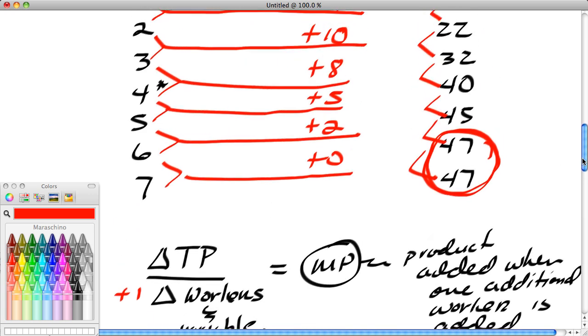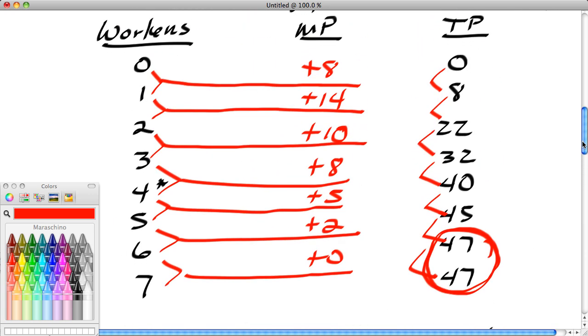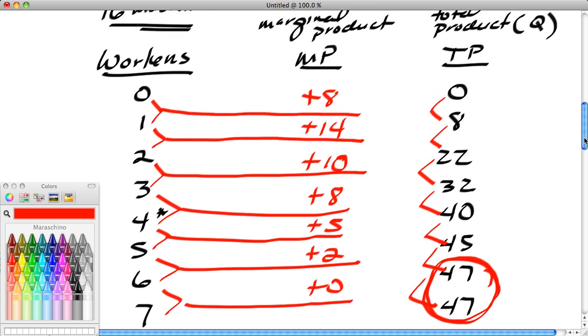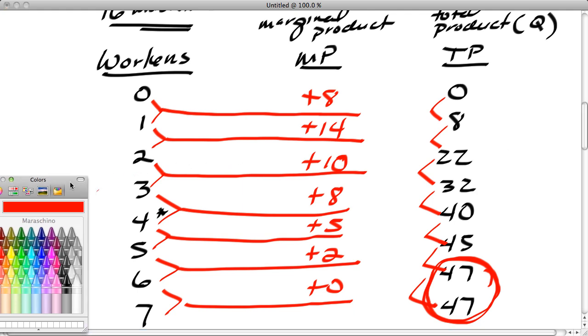Now, in our third segment, we're going to take this information and we're going to derive short-run cost numbers. But before we do that, let's just think ahead. In this example, every worker is being paid a wage. The wage is 56.